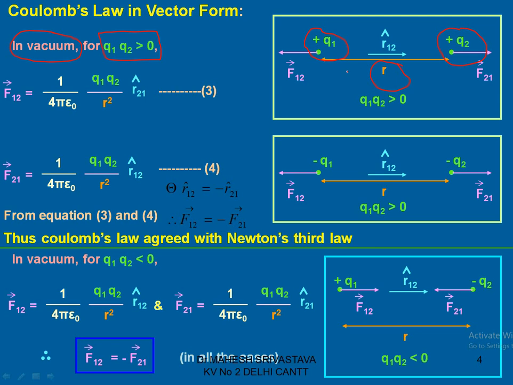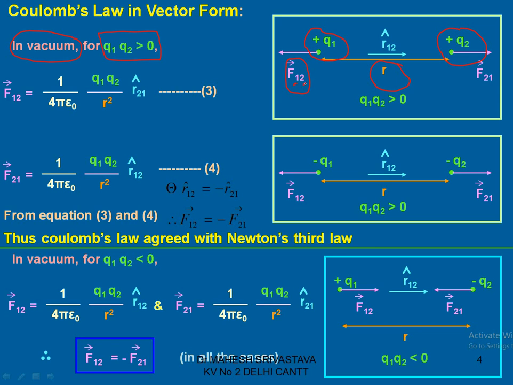Now we have to find out the force acting on charge Q1 due to Q2, similarly the force acting on charge Q2 due to Q1. So how we can write the force acting on charge Q1 due to Q2, and that you see here, this is the representation of force on charge Q1 due to Q2.